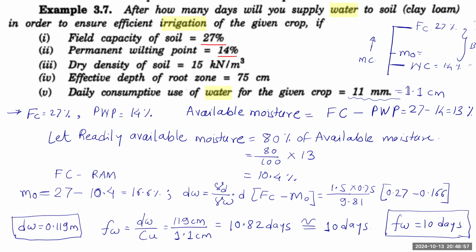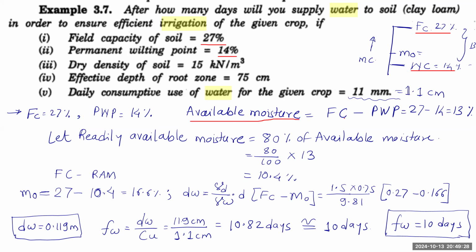Okay. If we know the wilting coefficient and the field capacity, the difference between these two is called the available moisture. So field capacity is 27% and wilting coefficient is 14%. So 27 minus 14, that will be the available moisture.